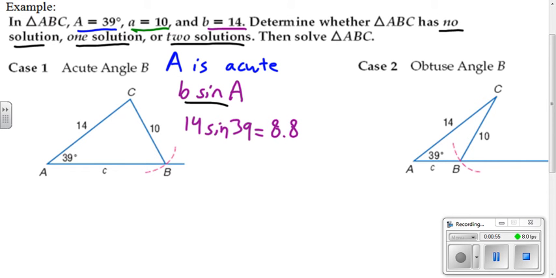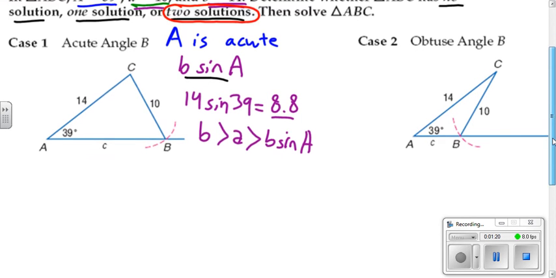So if our B is 14, our A is 10, and our B sine A is 8.8, we can say B is greater than A, which is greater than B sine A, in which case we have a situation of two solutions. If you couldn't tell by the pictures, there are two possible ways for this triangle to play out. We're going to look at both of them here.